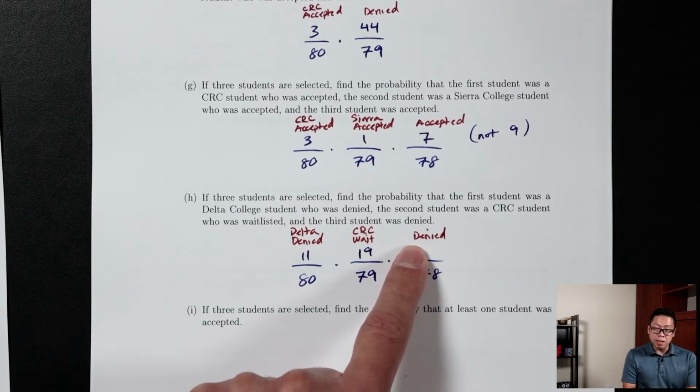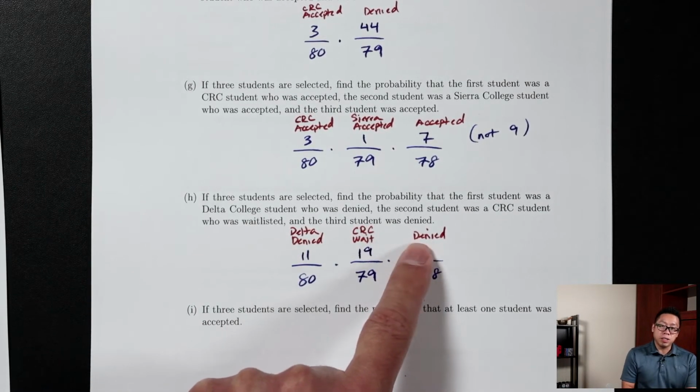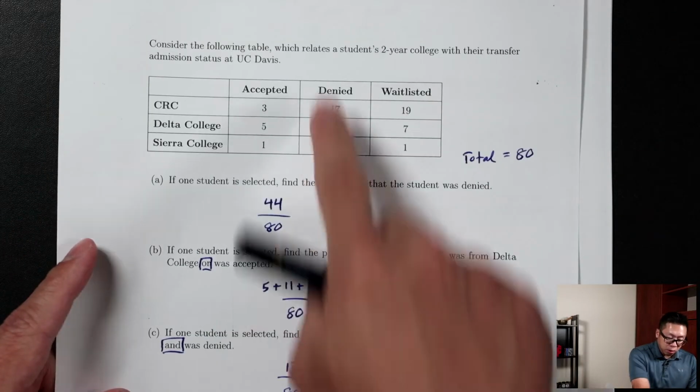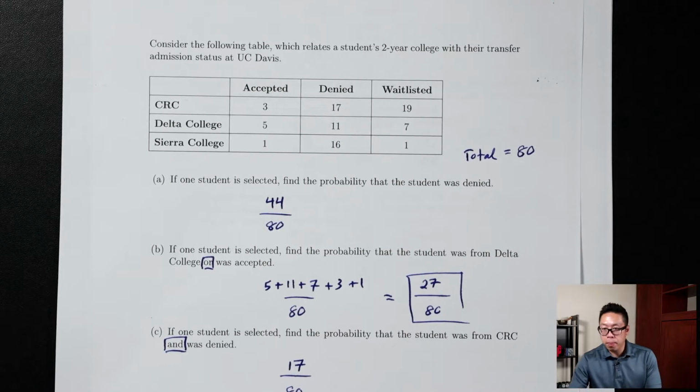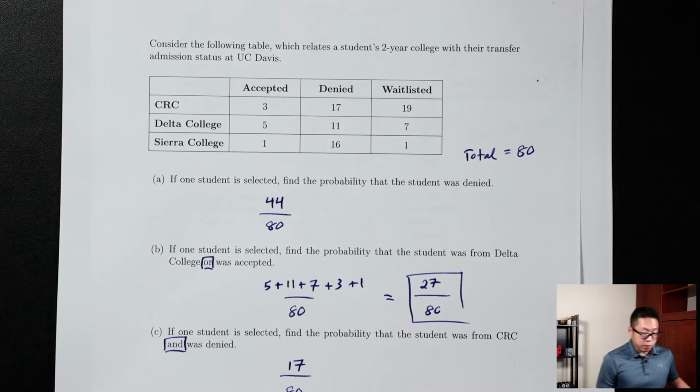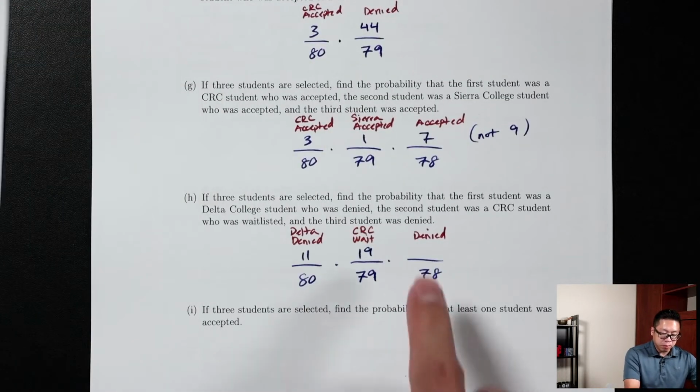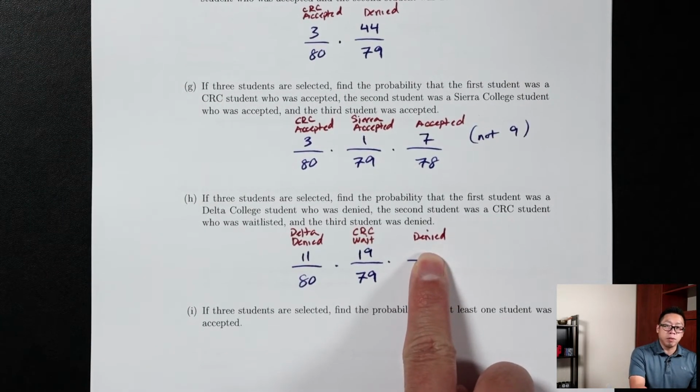Last fraction, denied without any college specified. So denied would be the entire column. So the entire column would be 17, 11, 16, and that's 44. So 44, or do we have to reduce?